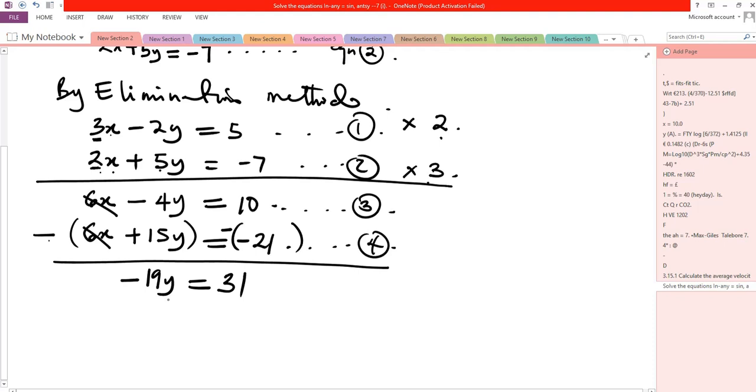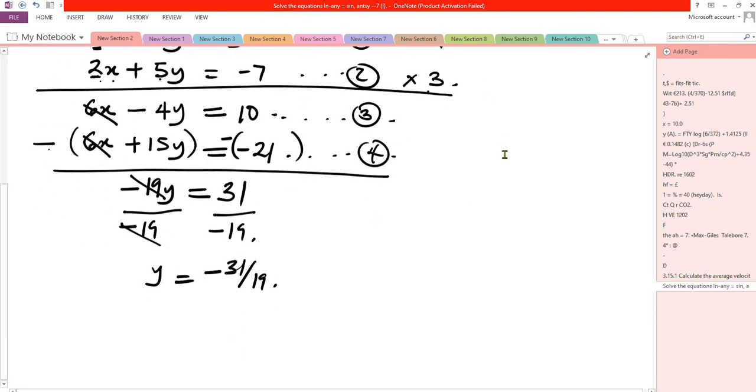To isolate y, we divide all through by minus 19. You're now left with y equal to plus divide by minus, which gives minus 31 all over 19.